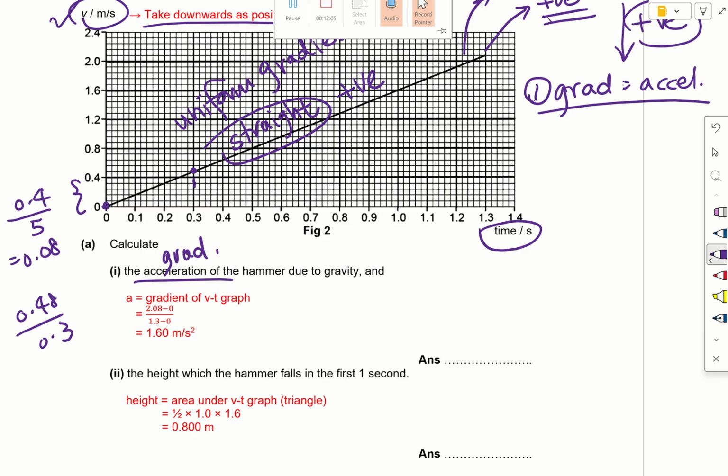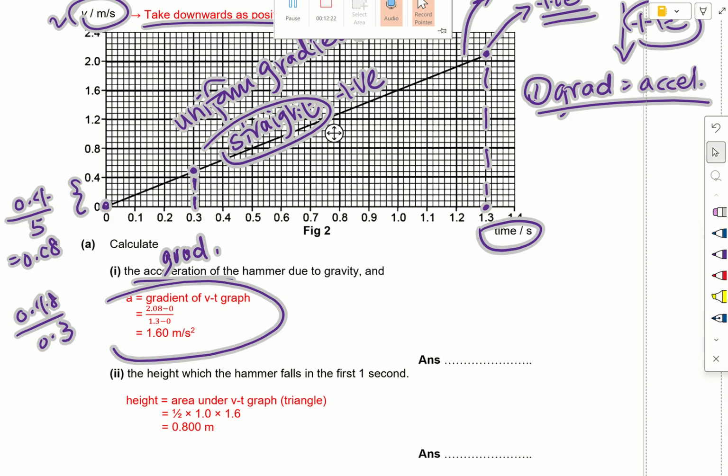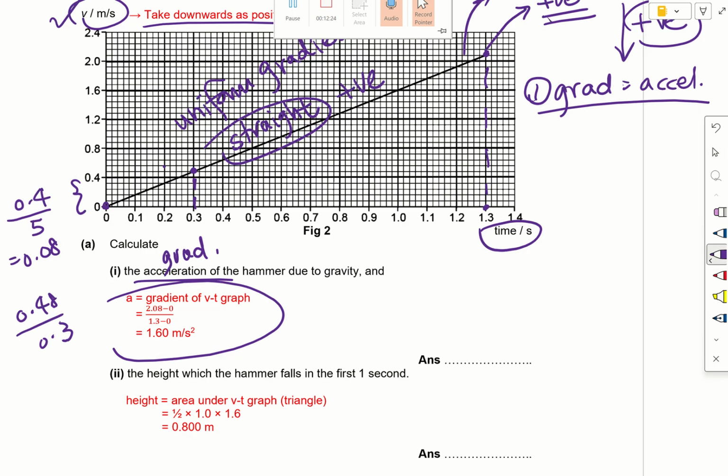Okay, so even though the answer uses 2.08, which is over here, and the time of 1.3 using this gradient triangle, however, because it's a straight line and it's plotted quite accurately, even though I use this point here, 0.3 comma 0.48 versus 0, 0, I can also get the gradient to be 1.6 meter per second square.